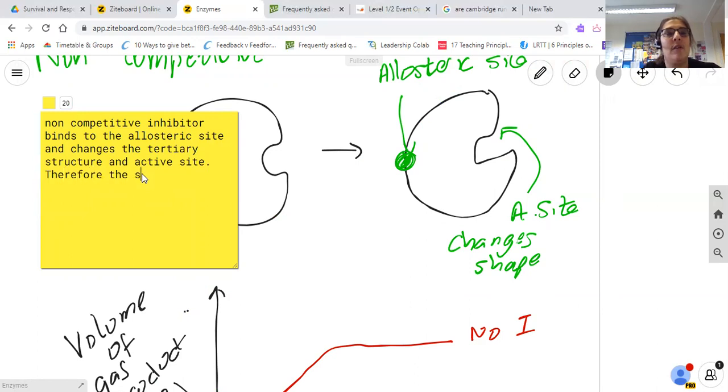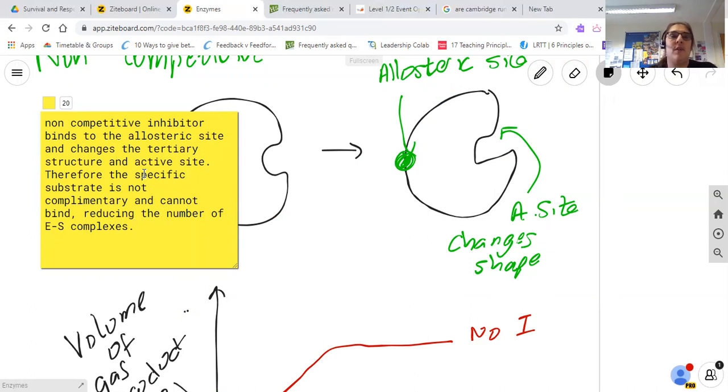Therefore, a specific substrate is not complementary and cannot bind, reducing the number of ES complexes. It could be reduced down to 0 depending on the amount of inhibitor you have. Again, notice I think about using those keywords every time I write an answer.